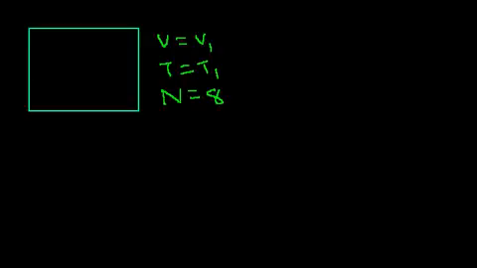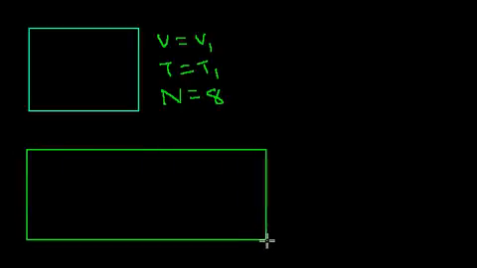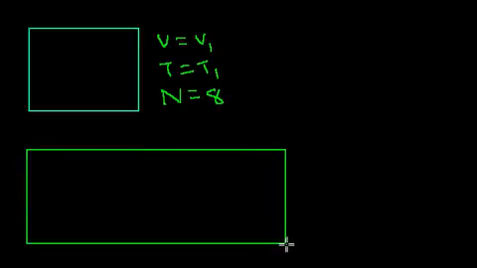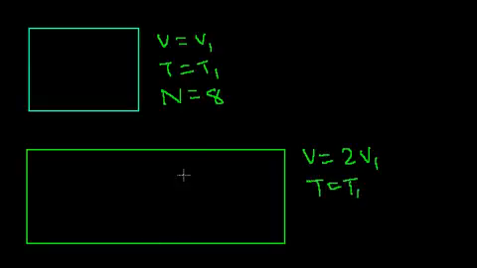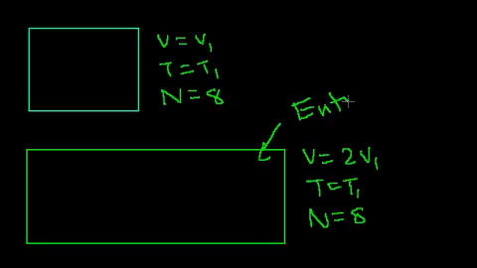And what we can say is if we were to double the size of this container, which we did by blowing away that wall, now all of a sudden our volume is equal to 2 times V1. Our temperature is still equal to T1. We saw that a few videos ago. And we still have 8 molecules. All we can say is the entropy of this system is higher. So now entropy is higher.